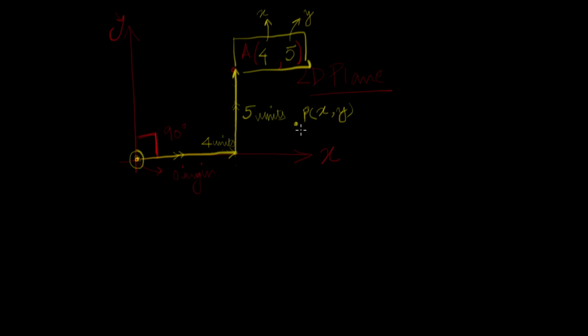That is to say that if we drop a perpendicular from P to the x-axis, this distance is represented by our variable x, and this height is represented by our variable y, and that gives us the complete description of the point P. And using this simple description of representing points with respect to the origin, we can define every single point on the Cartesian plane, which may be here, which may be here, or which even may be there.